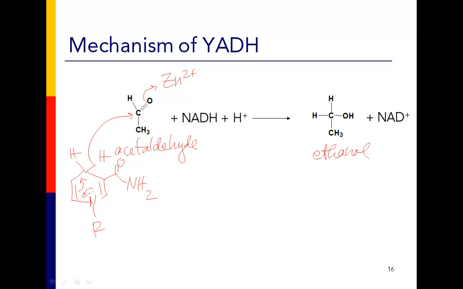It's kind of like the oxyanion hole of chymotrypsin. Remember when we make the oxyanion of the peptide bond, we have the backbone with its amide protons stabilizing the oxyanion. Now we have something even more dramatic, which is a cation. That kind of makes it look like it's grabbing the zinc, which it's not doing. It's grabbing the proton, which is around there. So the zinc is going to stabilize the oxyanion, and then that oxyanion will get protonated. And then we have the NAD+.